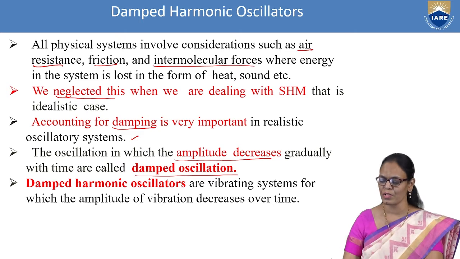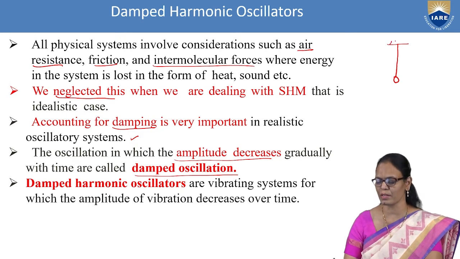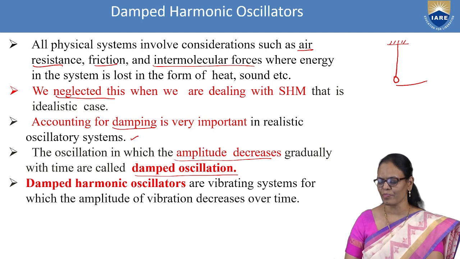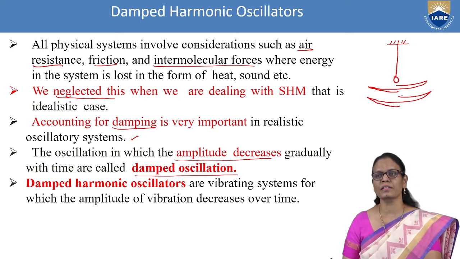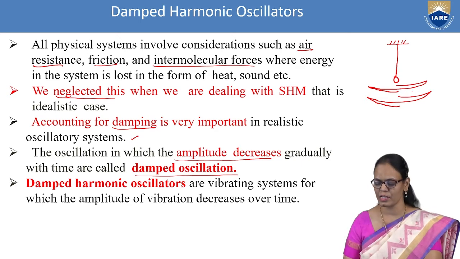gradually die down. For example, take a simple pendulum suspended from a rigid support. If I take it to one end and leave it, it will keep on oscillating like this, with a number of oscillations. This is when there are no damping or resisting forces acting on the system.